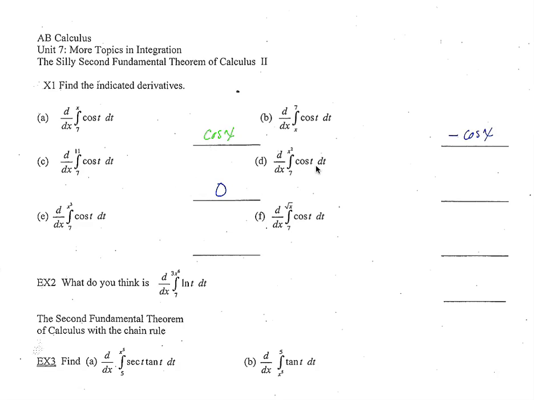So first off, let's just remind ourselves that this integral looks like this, right? So it is the sine of t with a lower bound of 7 and an upper bound of x squared.